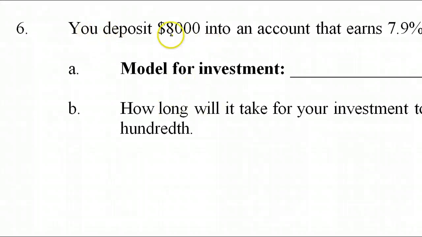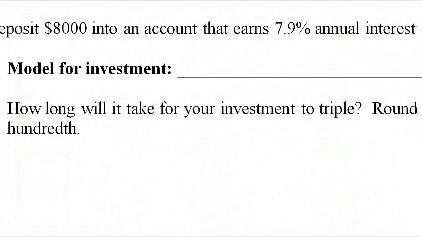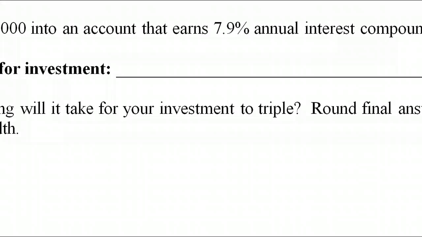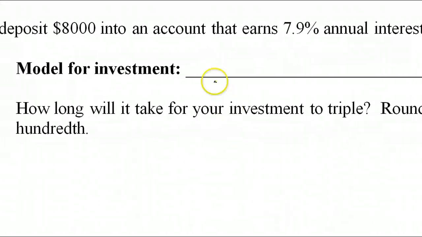Now, you deposit $8,000 into an account that earns 7.9% annual interest compounded continuously. That's our PERT again. Okay, so already we have y equals 8,000. Whoops.